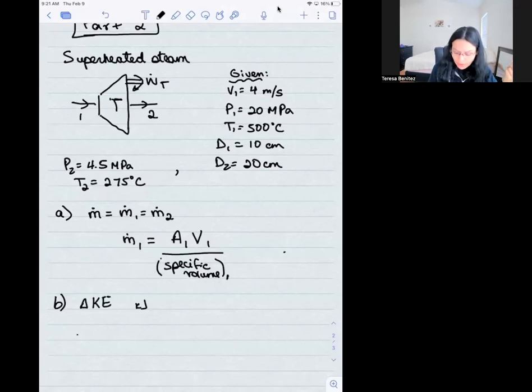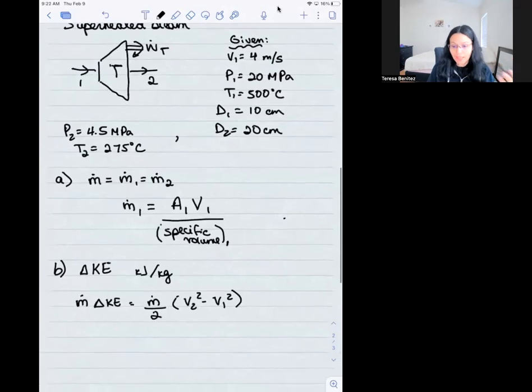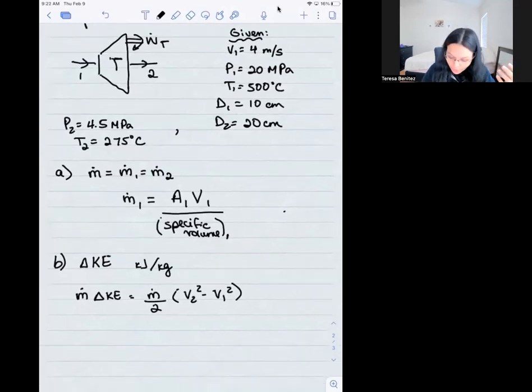Actually, you have to find mass flow rate times the change in kinetic energy in a way that you have kilojoules per kilogram. So you have to be careful with the units here. So this will be your m dot that you found times 1/2 times the velocity at the exit minus the velocity at the inlet. That velocity at the exit, you will also find from MathCAD.